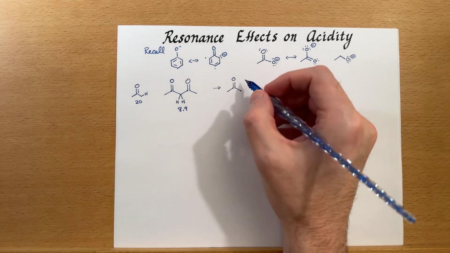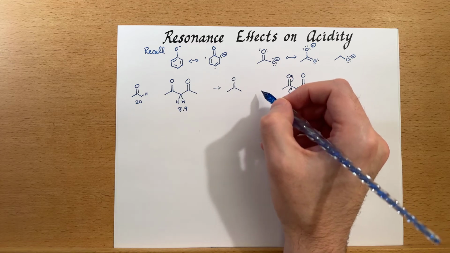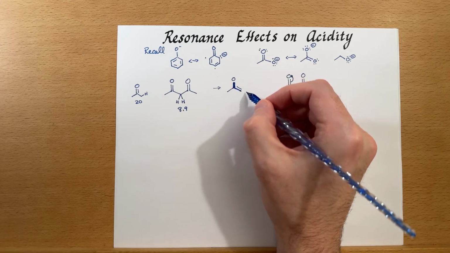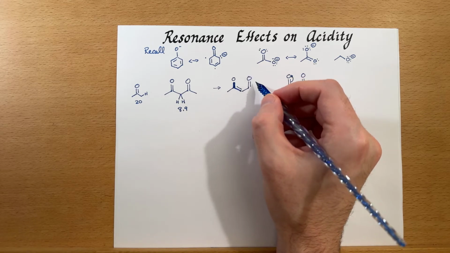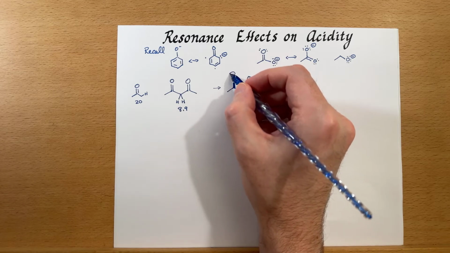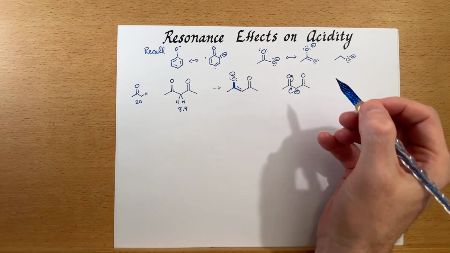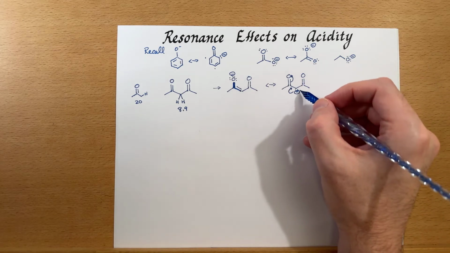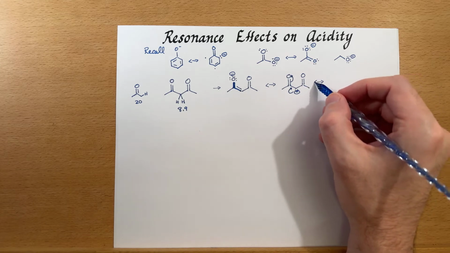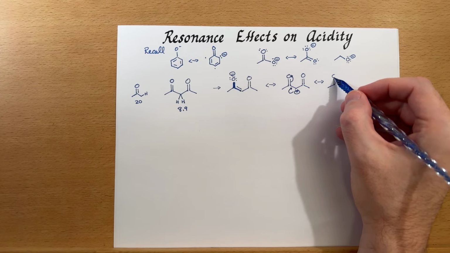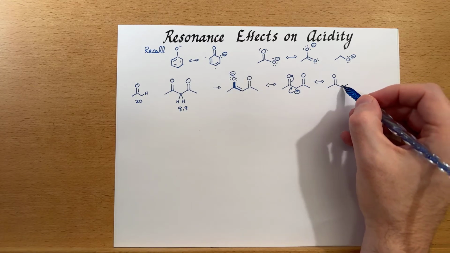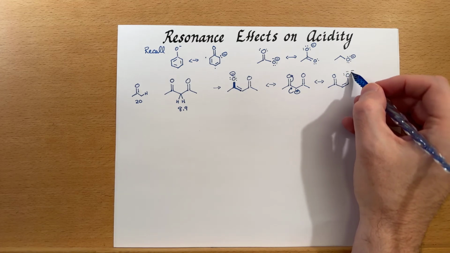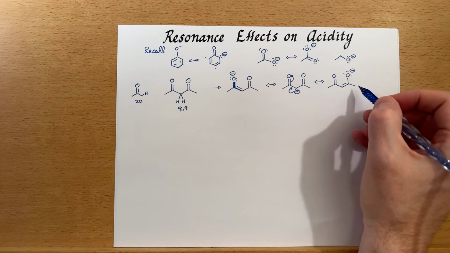So now I'll draw this structure over here. I could instead move the electrons over here to the other side and get an additional resonance structure.